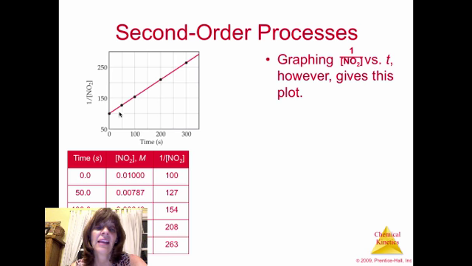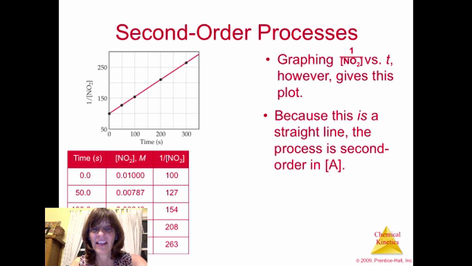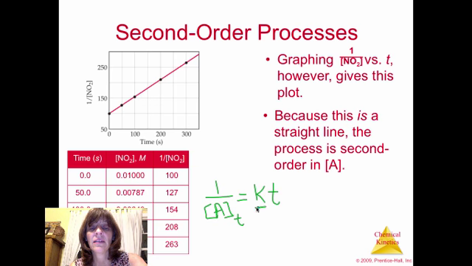Now notice in this case, it's a positive slope to the graph. So as we saw in our equation, it's a positive slope. So you can see that 1 over the concentration at time t equals the rate constant, which is the slope, rise over run, a positive value, times the time plus 1 over the original concentration, which is the y-intercept.